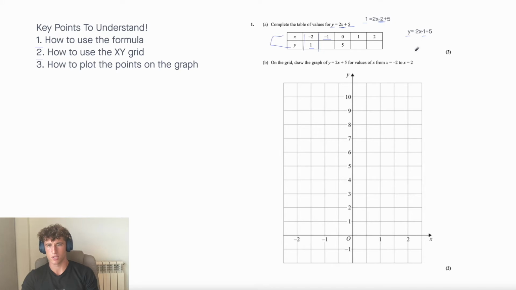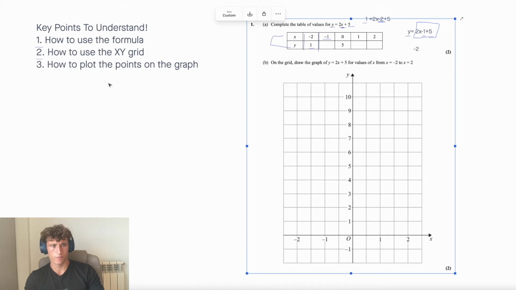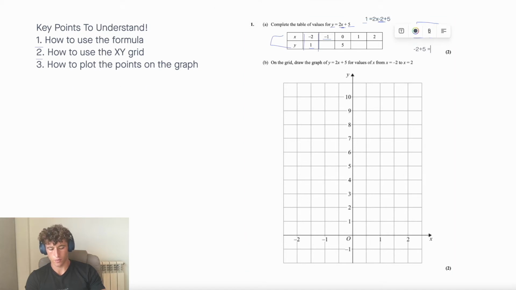And then we just have to solve this part of the equation. The first part to solve is the 2 times minus 1, which is going to give us minus 2. And then we have to add the 5, giving us a total of 3. So that 3 means y is equal to 3.